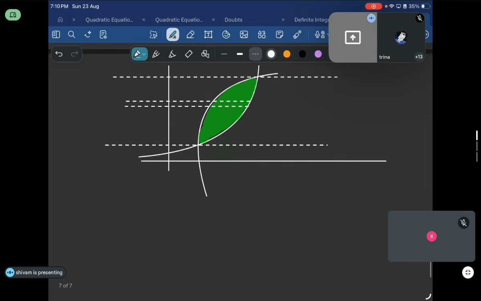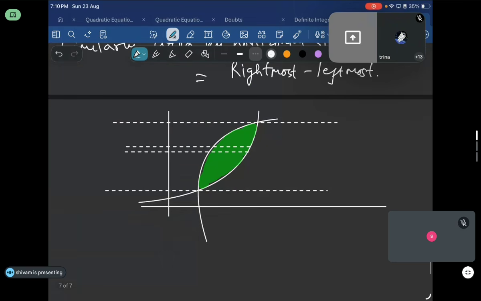I'll give one problem. So everyone, over here again. If this is y equal to f of x, and this is y equal to g of x, you are taking rightmost, or better to write it as x equal to f of y and x equal to g of y.